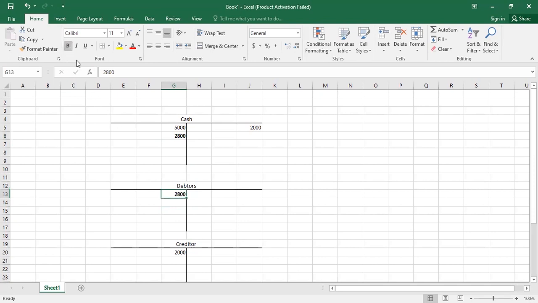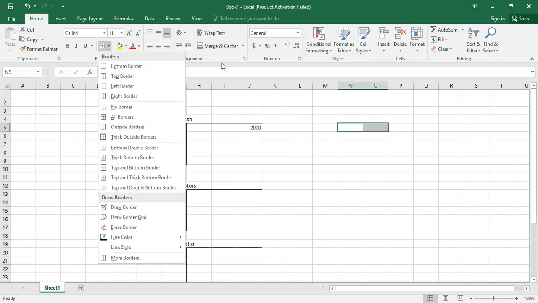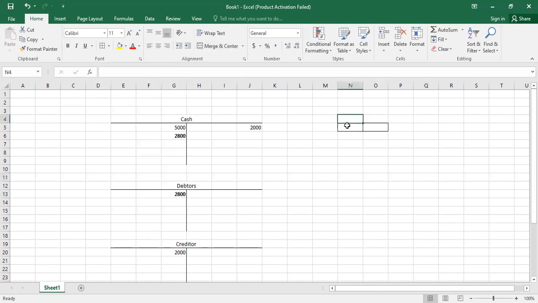Understood? Right. Now if we prepare a trial balance, to save my time I'm going to write debit and credit, DR in here, credit CR. Okay. So what are the accounts?